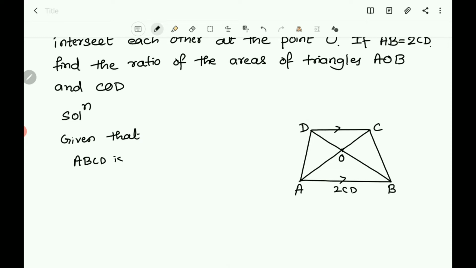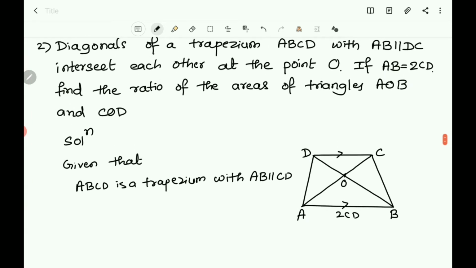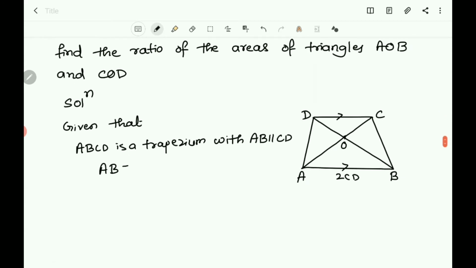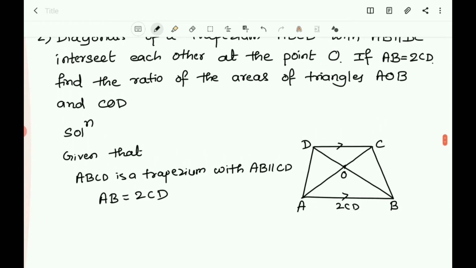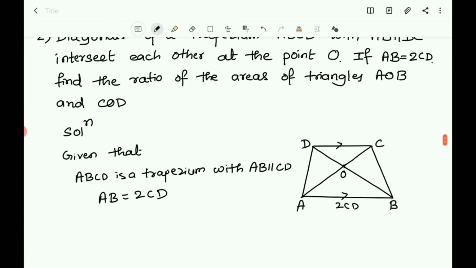ABCD is a trapezium with AB parallel to CD, and also it is given AB is equal to 2CD, and in the figure it is shown that the diagonals AC and BD intersect at O. So here you have to find the areas of triangle AOB and the areas of triangle COD, and before that we have to prove this with the help of the areas of similar triangles.